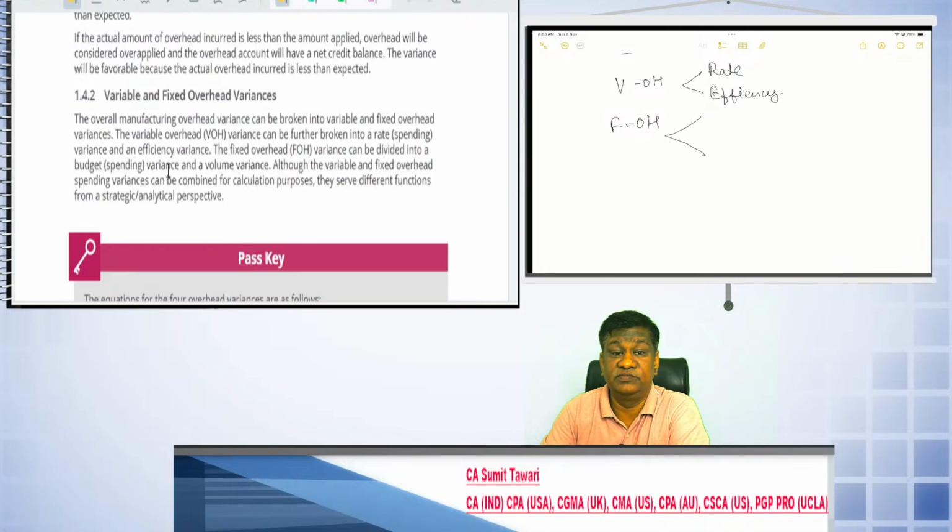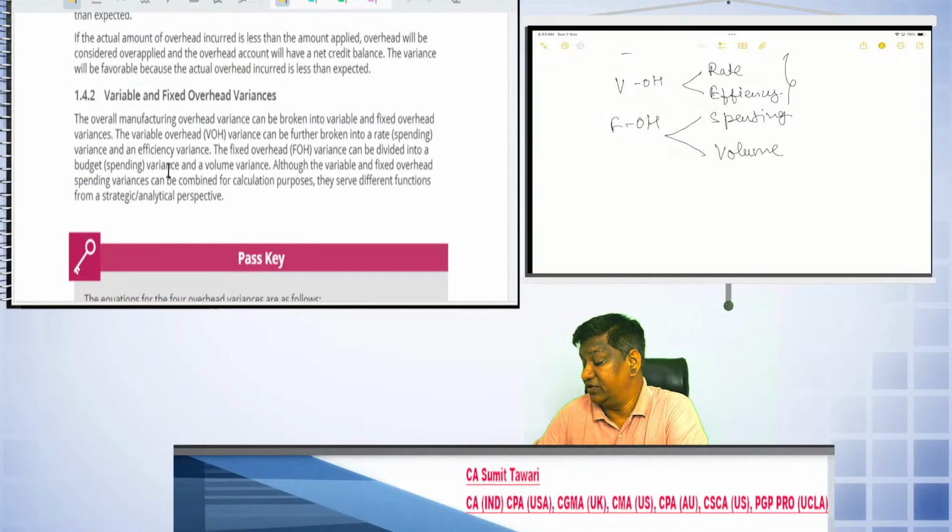The fixed overhead is basically the spending and the volume. This is slightly easy because it works the same way we calculate direct material and labor, so you can calculate easily. This is slightly tough, so I'll explain one by one.